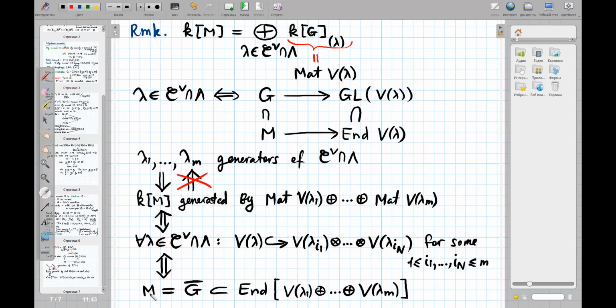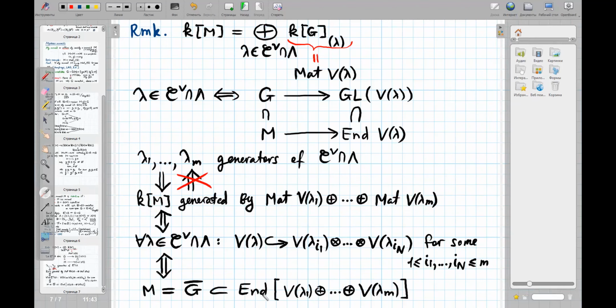And I say that this map from M to here is a closed embedding if and only if this coordinate algebra is generated by this space of matrix entries. Because a map between affine varieties is a closed embedding if and only if the inverse map of coordinate algebras is surjective.